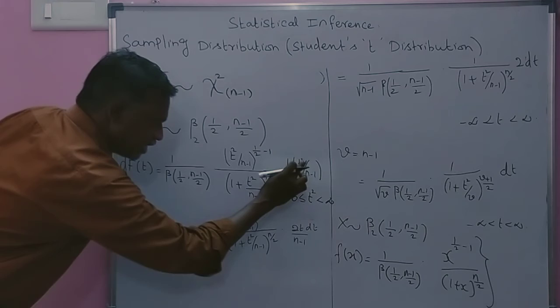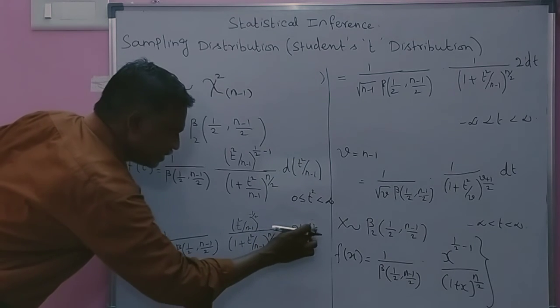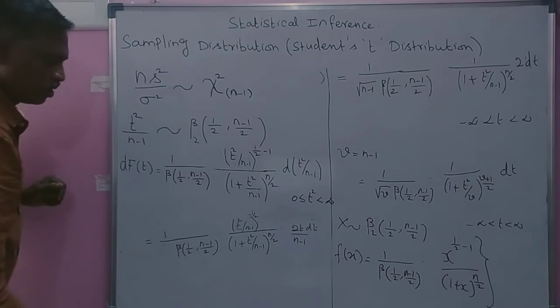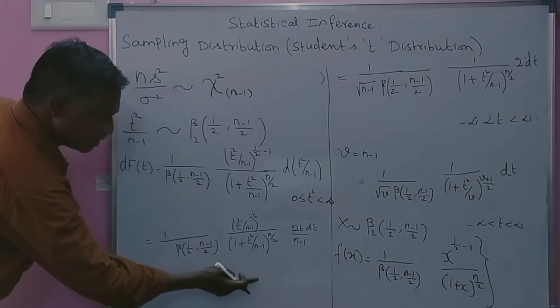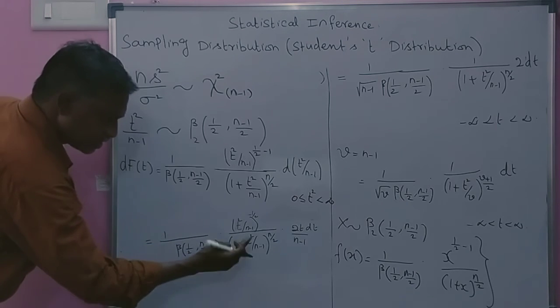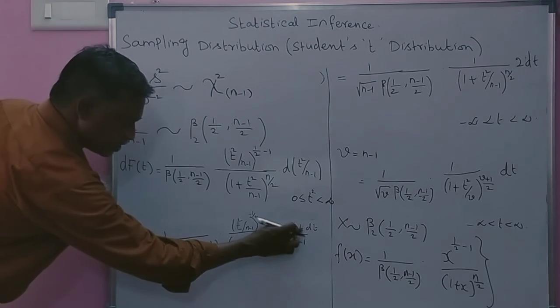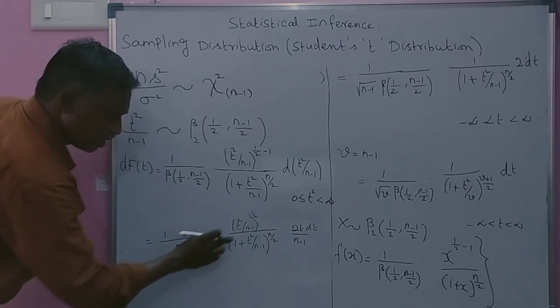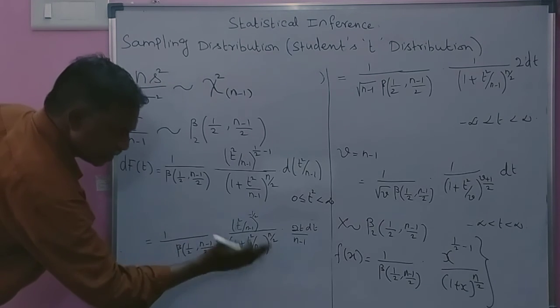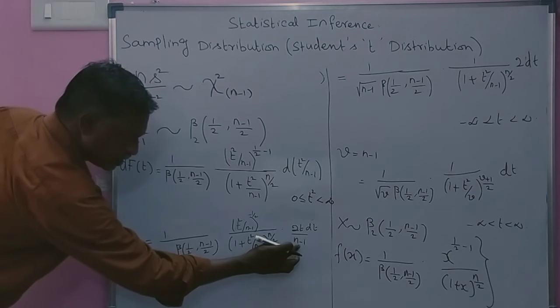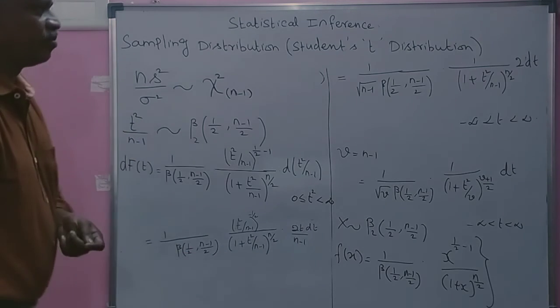Then differentiate this one: 2 t dt divided by n minus 1. This will be in the denominator. So in the next step we can cancel this t and this t. There is root n minus 1 in the denominator; this n minus 1 and root n minus 1 will be cancelled.